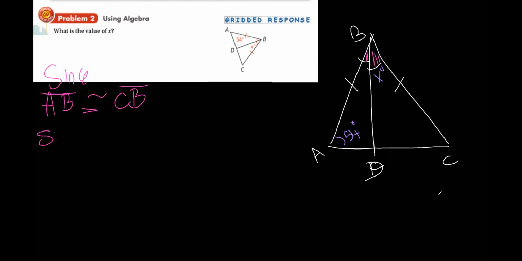Since they are congruent, the opposite angles will be congruent too. So the angle A is equal to the angle C. They are isosceles, so this one will be the same.